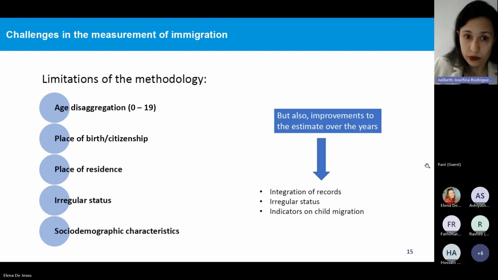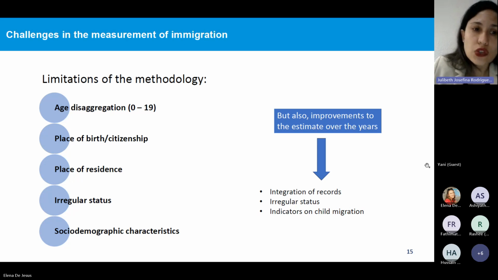Therefore, although we know that they are different, for this variable we must assume that they are equivalent or alike to be able to add both databases. In regard to place of residence, we must assume that the people continue to live where they declared at the time of the census, or where they declared at the time of the application in the administrative registry.